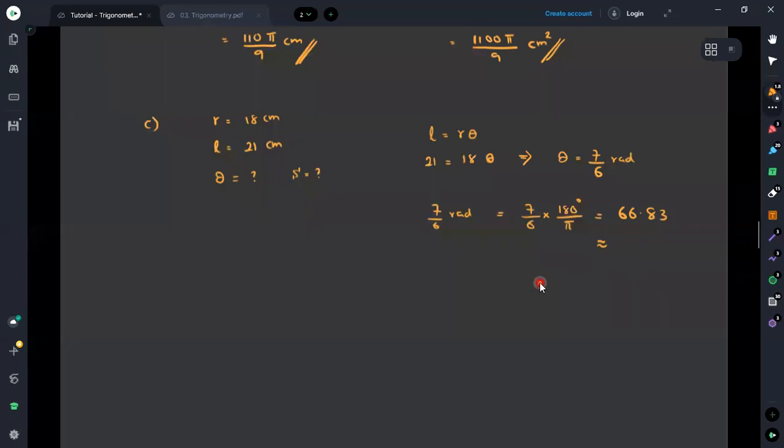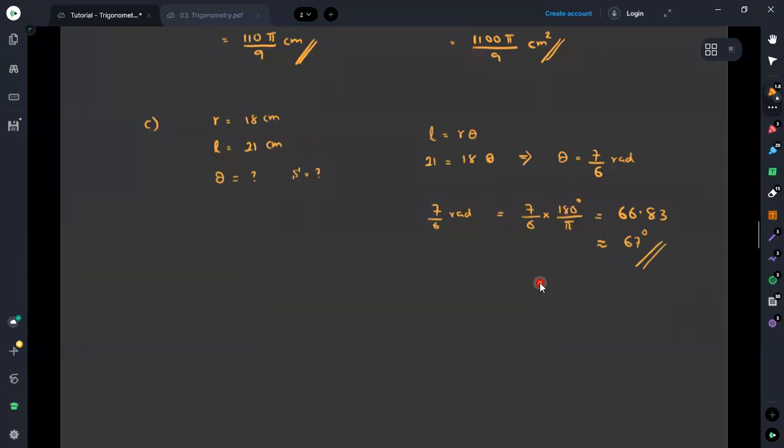We cannot keep decimals in the degree measures, so if we round it to a whole value, it is 67 degrees. Therefore, the degree value equivalent to 7 over 6 radians is 67 degrees. If you only need this conversion, you can have it. Otherwise, the radian quantity is quite enough.